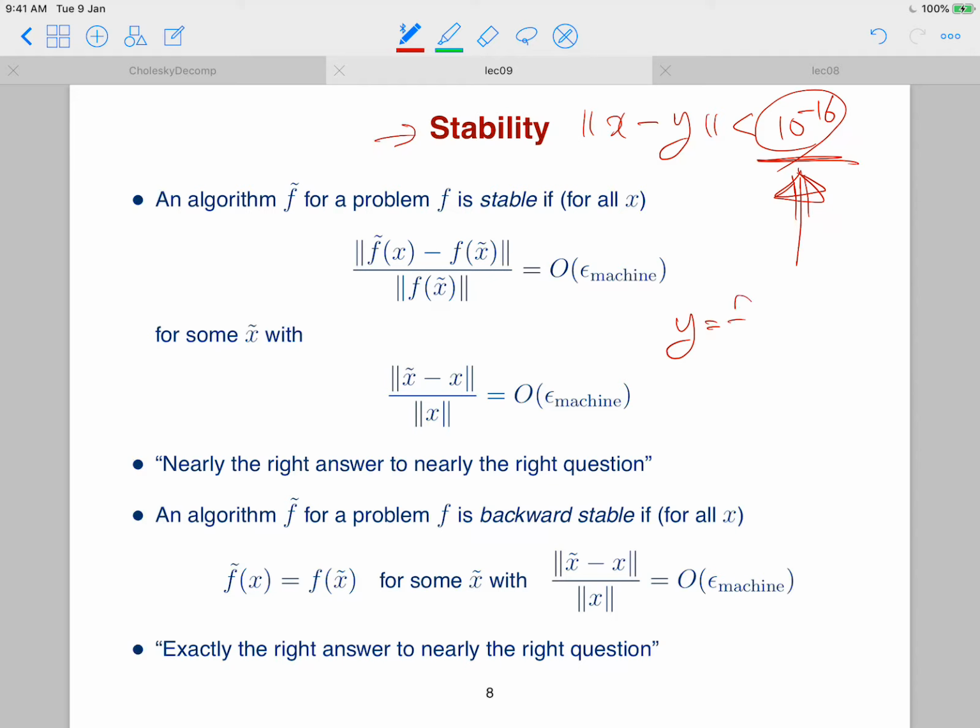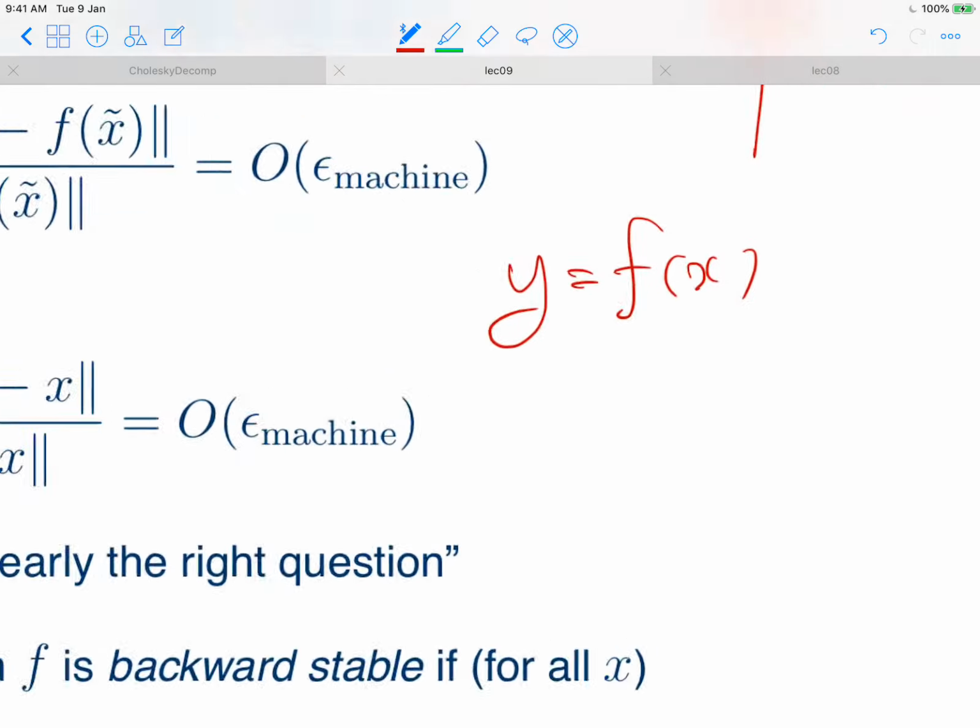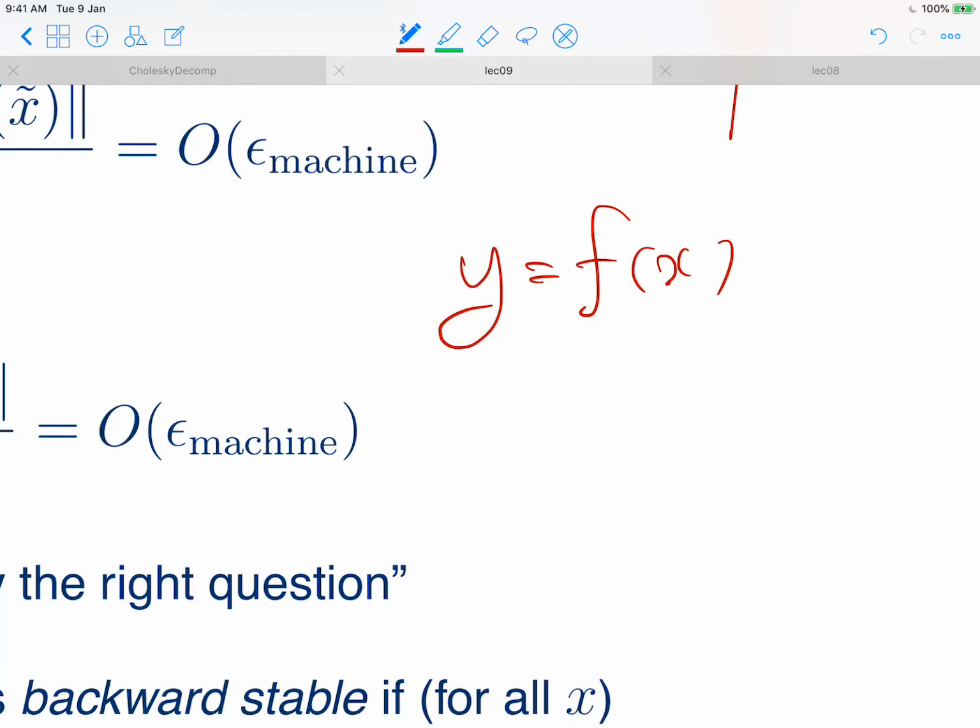If x is perturbed within the machine precision, or within 10 to the negative 16th, the question is whether the error in the output value is still within the machine precision. That is what we consider for forward stability.